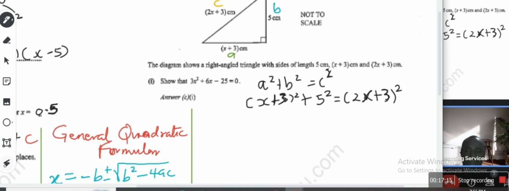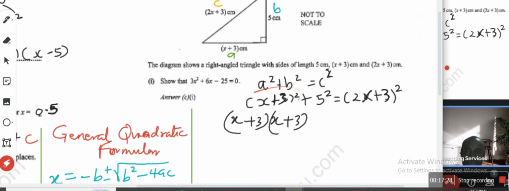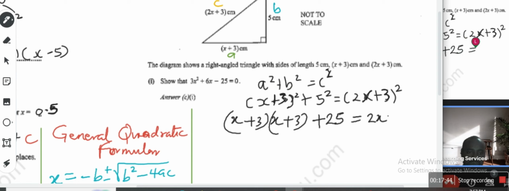So we expand, because this is x plus 3 all squared, which is actually x plus 3 times x plus 3. That's for this. Raised to the power 2. Before we add plus 5, which is 5 squared as 25. And then this one is equal to 2x plus 3 times 2x plus 3.